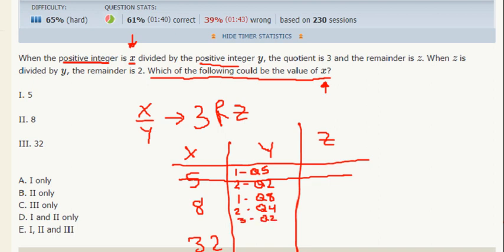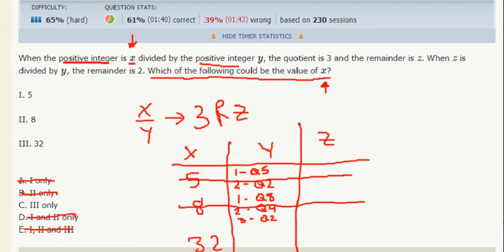So you skip over 3 from 4 to 2, which means there's no possible integer value of y that gives us a quotient of 3. So at this point, I look at my answers, and I've eliminated 1 and 2, so my only possible answer is C. So C must be the right answer.